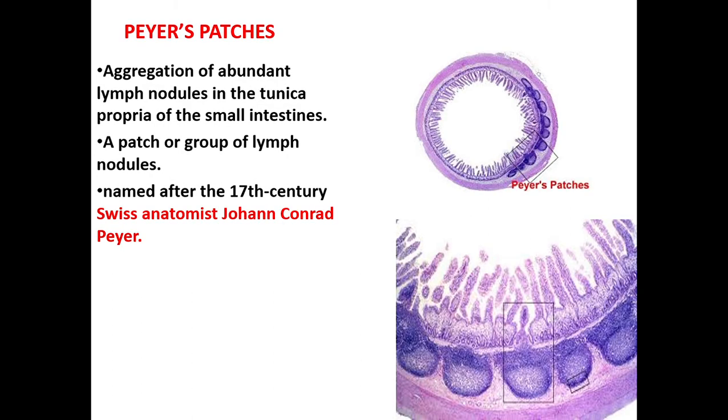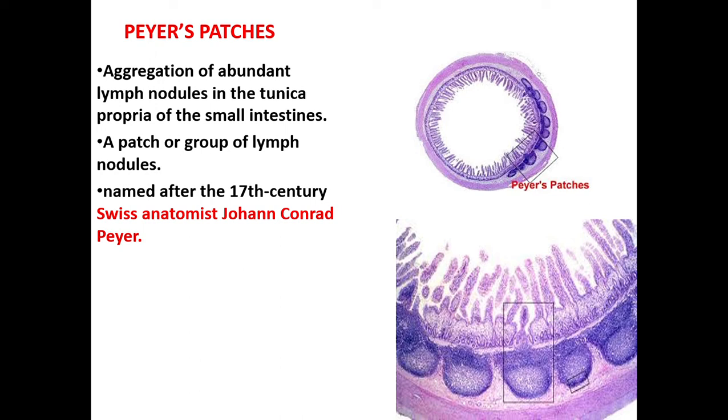The Peyer's patches are an aggregation of abundant lymph nodules in the tunica propria of the small intestine. It is a patch or group of lymph nodules credited to the Swiss anatomist Johann Conrad Peyer.